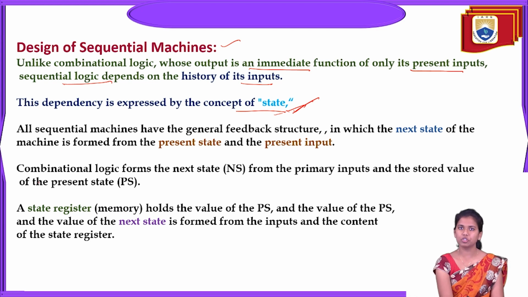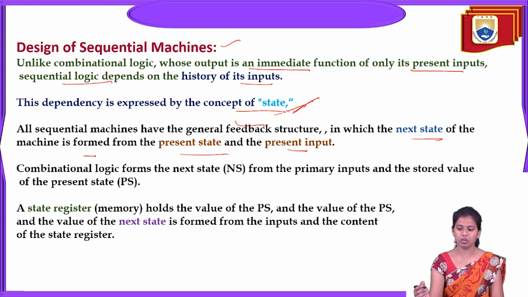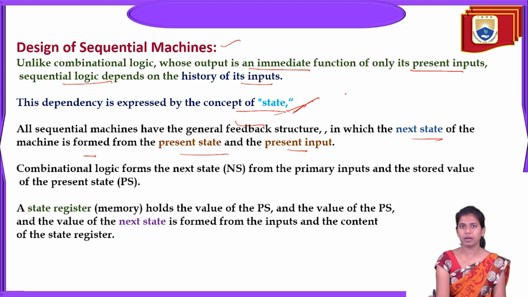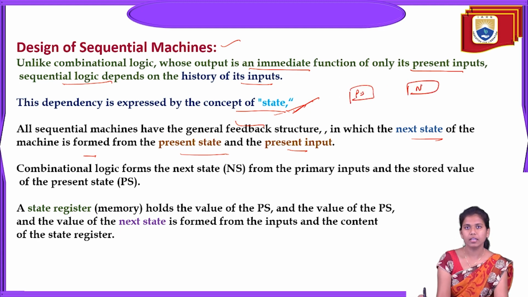All sequential machines have the general feedback structure in which the next state of the machine is formed from the present state and the present input. So in sequential machines, generally the next state will be formed. As we are discussing the state, we have the present state and the next state.